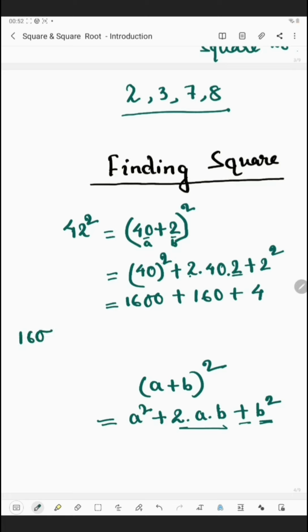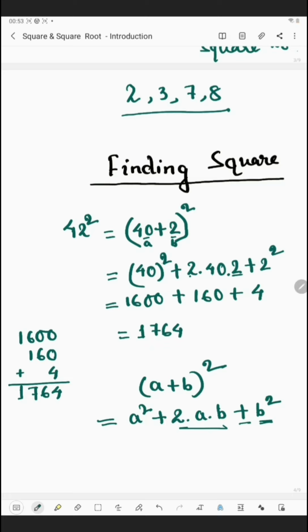So 1600 plus 160 plus 4: 4 plus 0 is 4, 6 plus 0 is 6, 6 plus 1 is 7, and 1. So 42 square will be 1764.